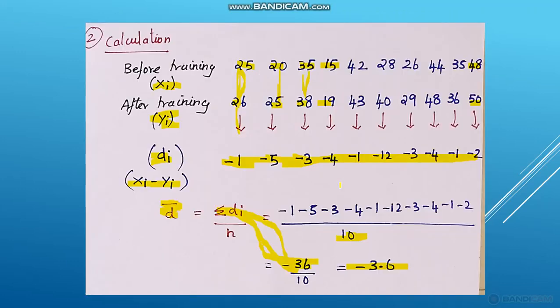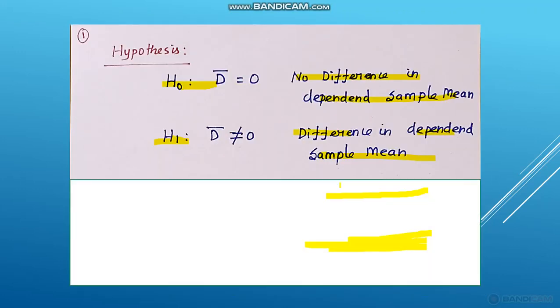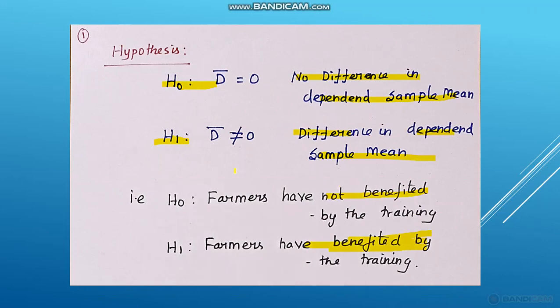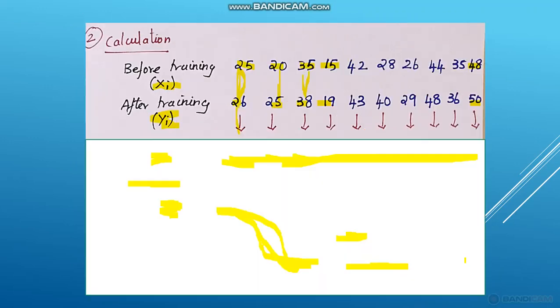The null hypothesis is that the farmers have not benefited by training. We are rejecting this, so we are accepting the alternate hypothesis, that the farmers are benefited by training.